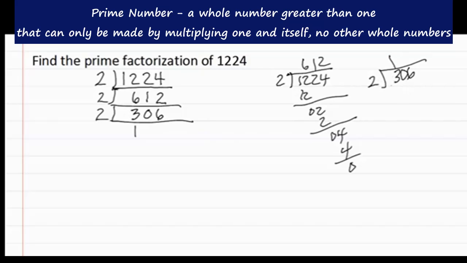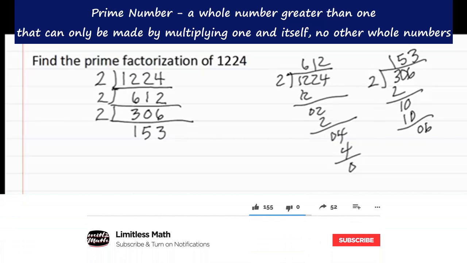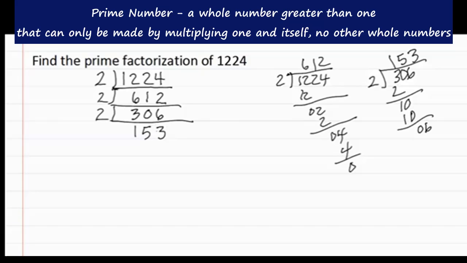2 goes into 3 once, but remember, that makes a 10. 2 goes into 10 5 times, and 2 goes into 6 3 times, which means the number here is 153. Next, we see that it's no longer even, so we now have to try the next highest prime number, which would be a 3.